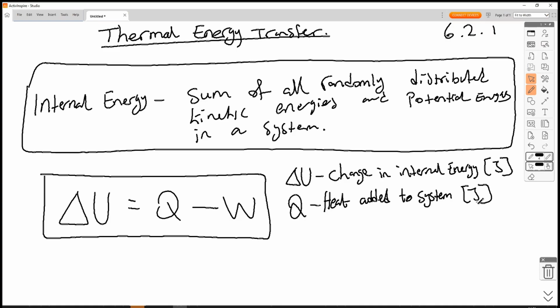Now this is quite important because heat can be added to a system, but heat can also be removed from a system. So if heat is removed from a system, then Q will be negative. And so I will double underline this word to emphasize where the heat is going.